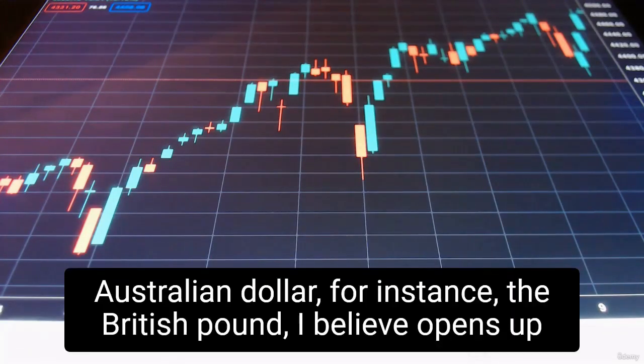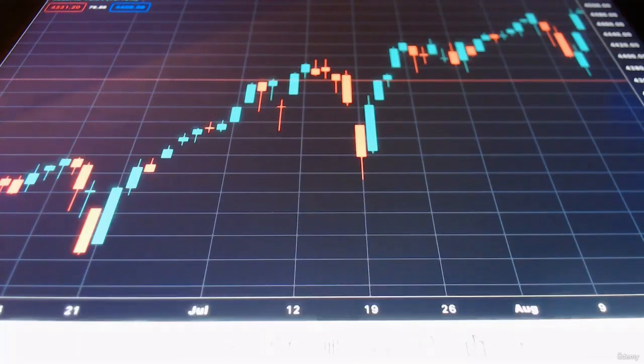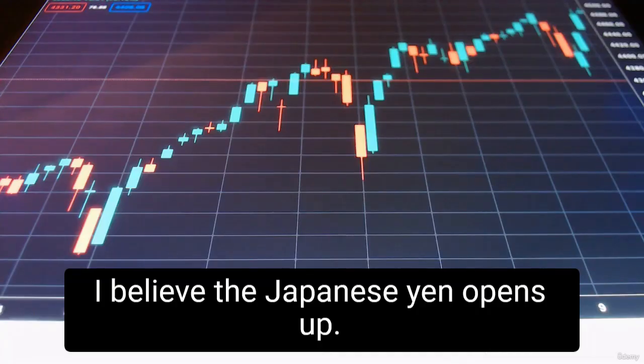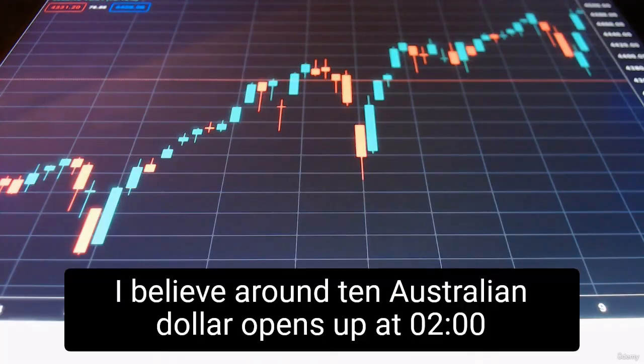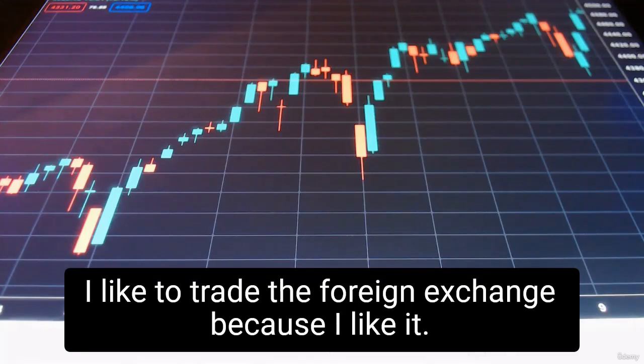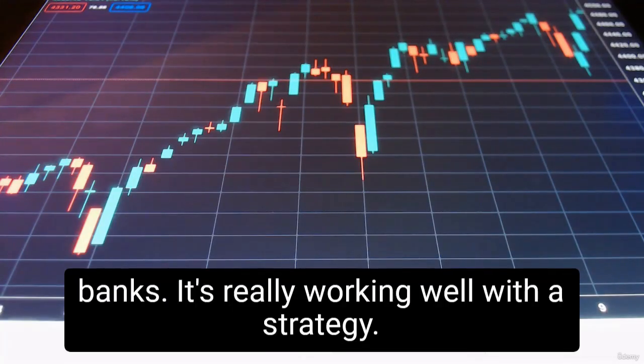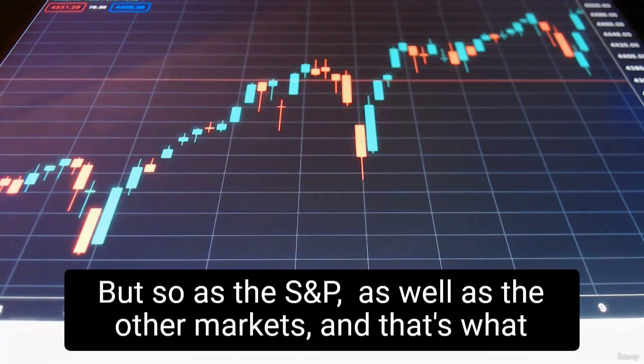For instance, the British pound, I believe, opens at 2 in the morning. The Japanese yen opens around 10. The Australian dollar opens at 2 o'clock. And they're always open 24 hours. I like to trade foreign exchange because I feel it doesn't get manipulated by major banks. It works really well with the strategy, but so does the S&P and the other markets, and that's what we're going to learn.